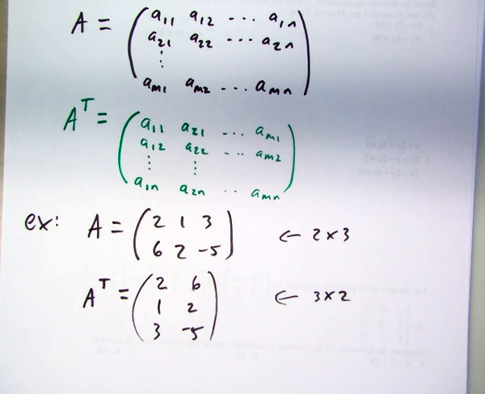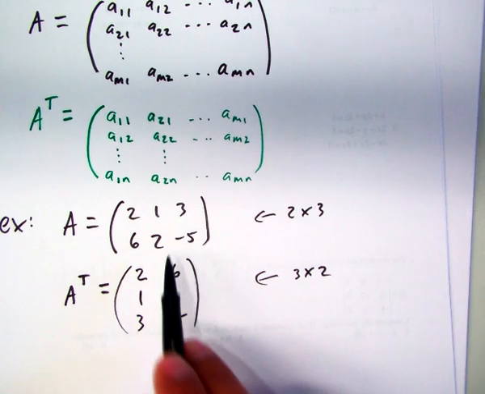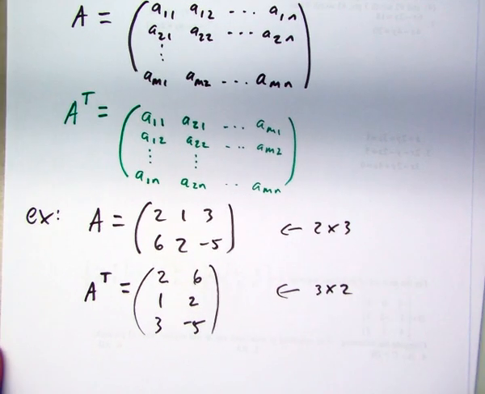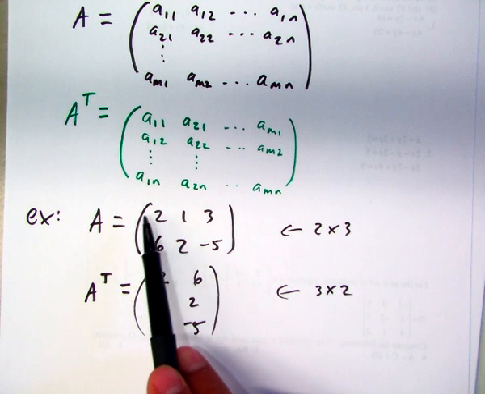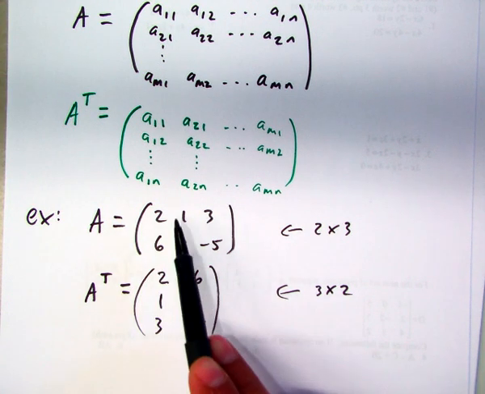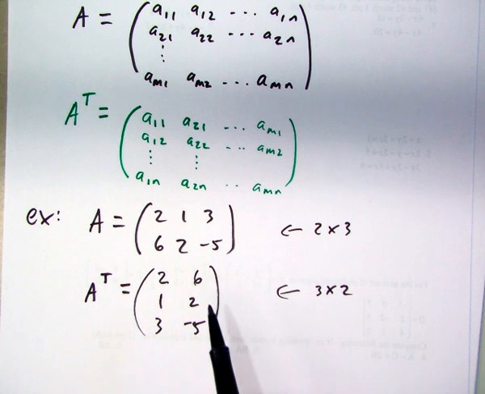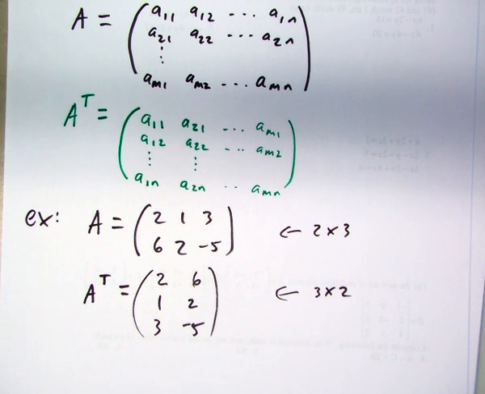And again, 2 top left, negative 5 bottom right, those remain the same. But again, the easiest way to do it is just take row 1, make it column 1, take next row, make it column 2, and just keep doing that. Okay? So I don't know if you've seen this before or not. Maybe you saw it in the calculator when you were fooling around with the matrix options and you saw this little T sitting there. That's what it would do.